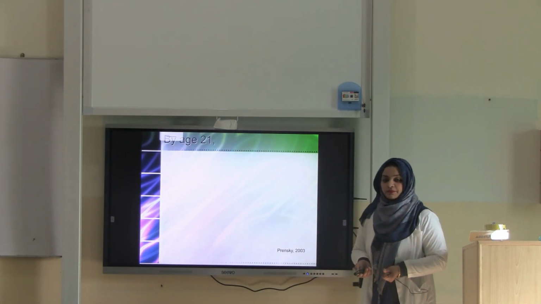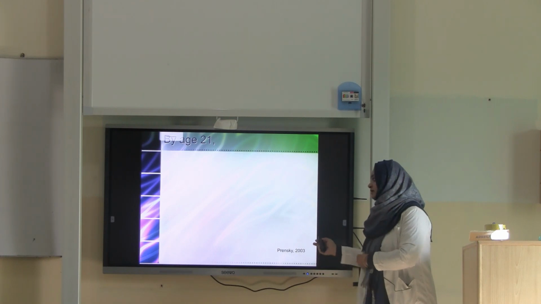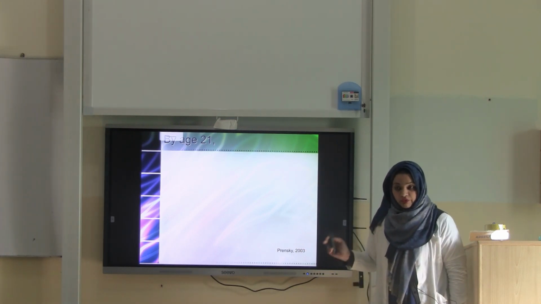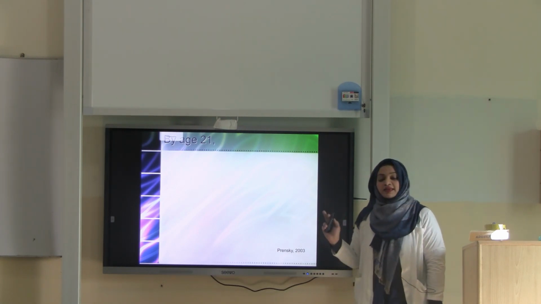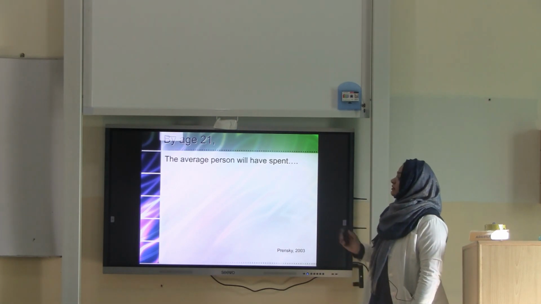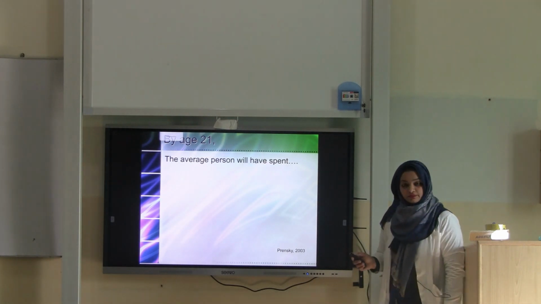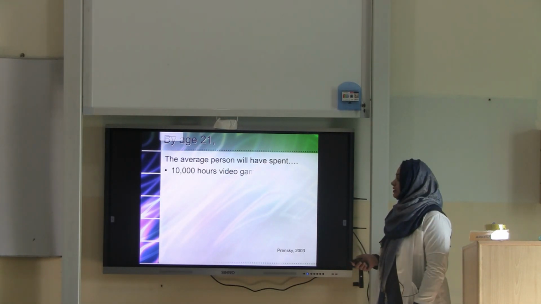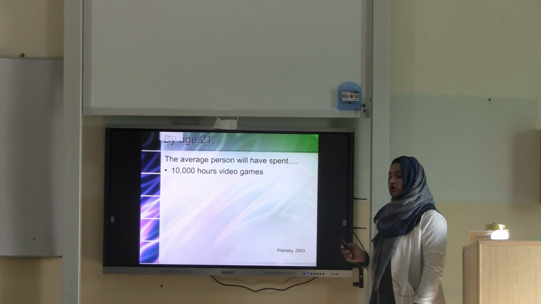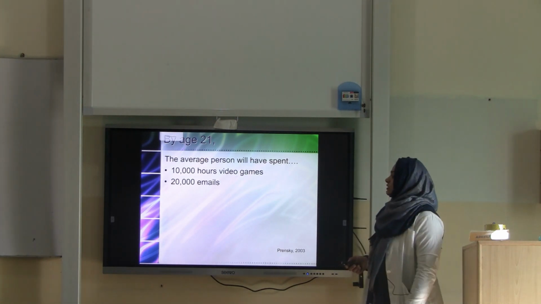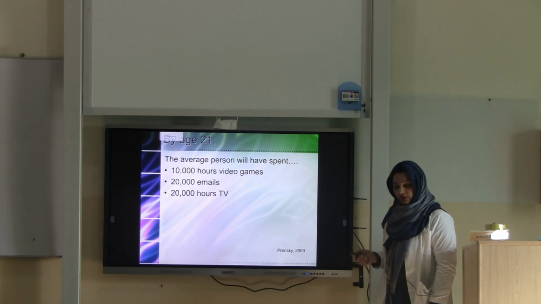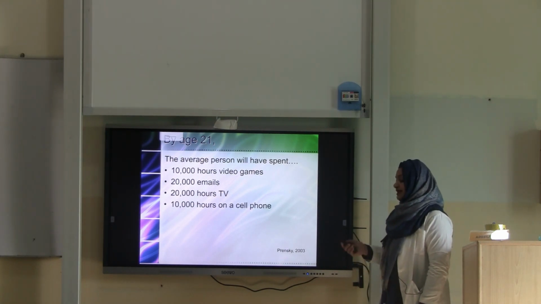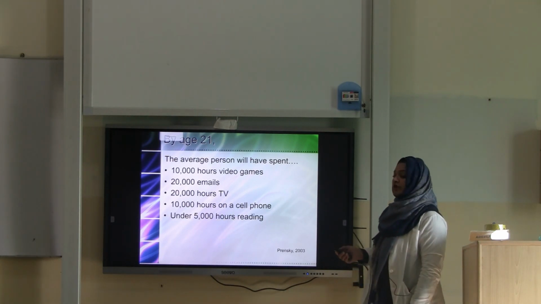By the age of 21, Prensky 2003 gave this theory, he did a survey, and he said that by the age of 21 the average person will have spent how much time? 10,000 hours on video games, 20,000 on emails, 20,000 hours watching TV, 10,000 hours on a cell phone, and under 5,000 hours reading.